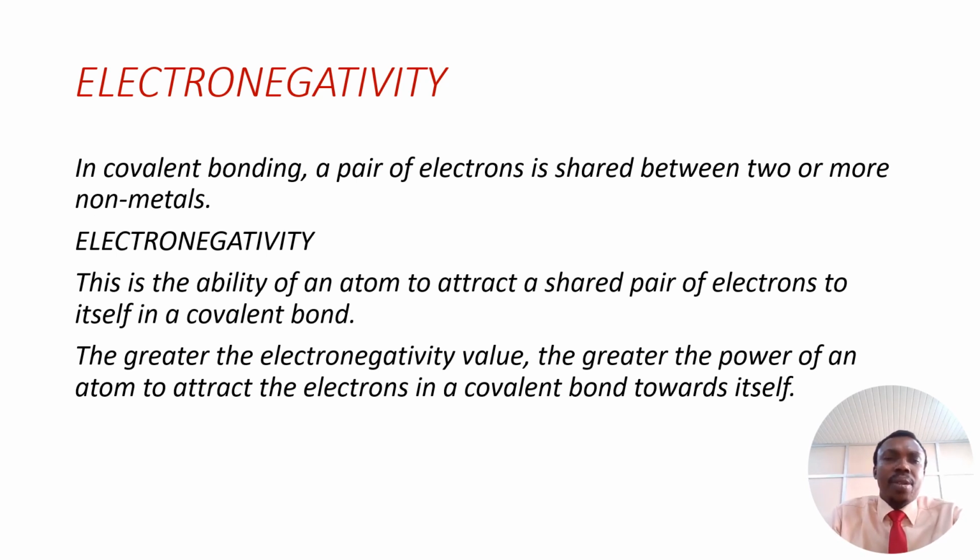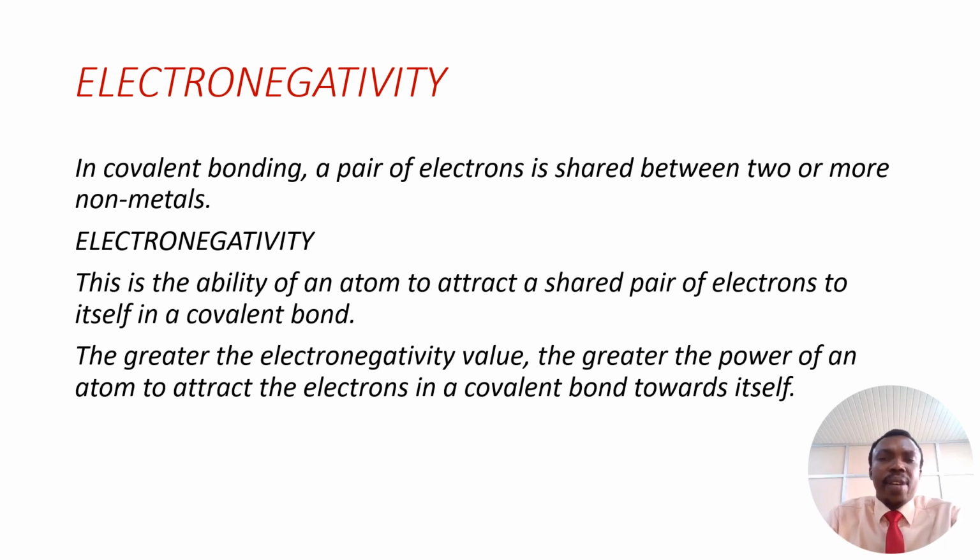Now, what happens in electronegativity? This is the ability of an atom to attract a shared pair of electrons to itself in a covalent bond. During covalent bonding, each of the atoms contributes its own electron for the bond formation. So what happens?